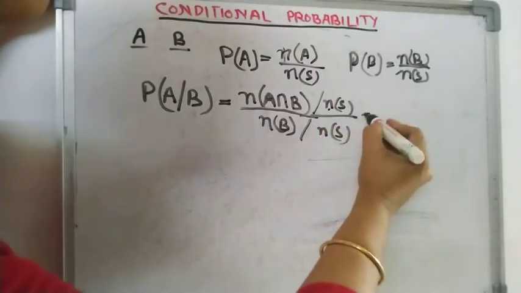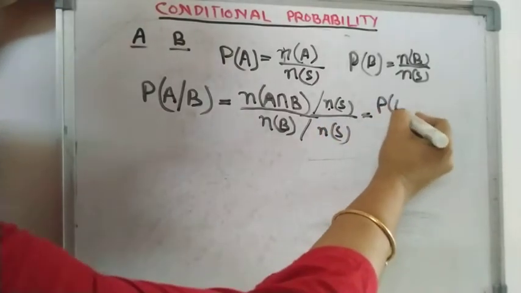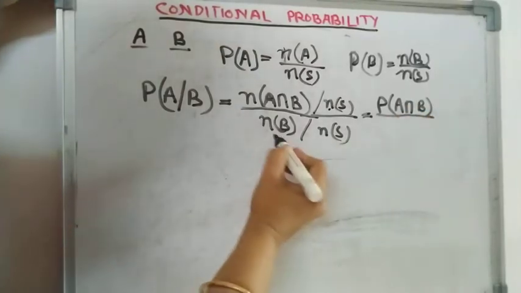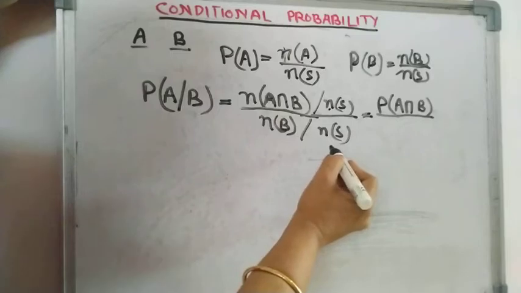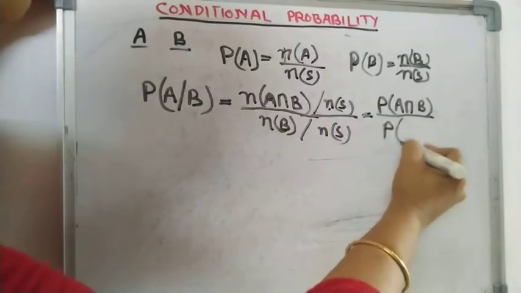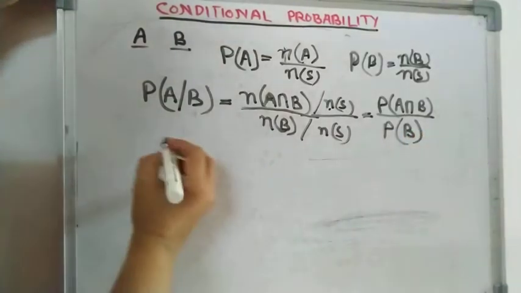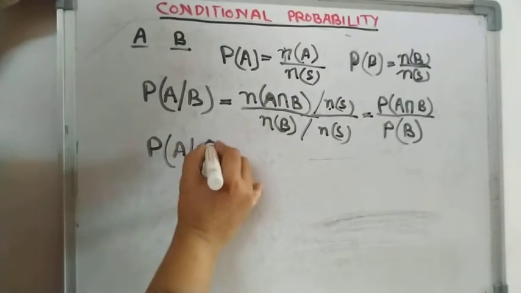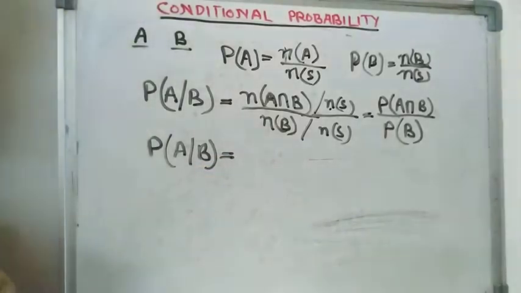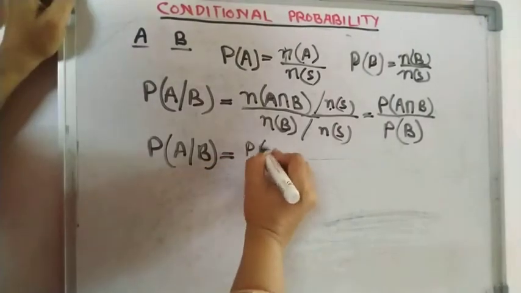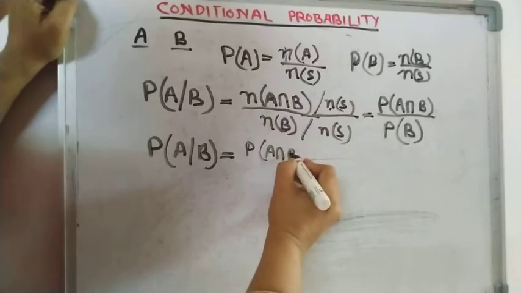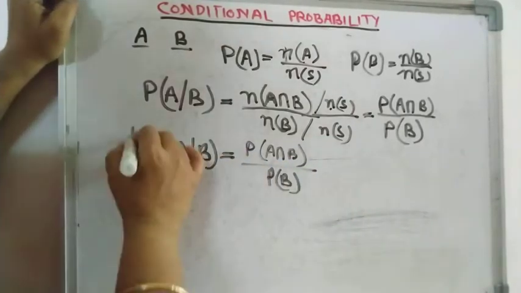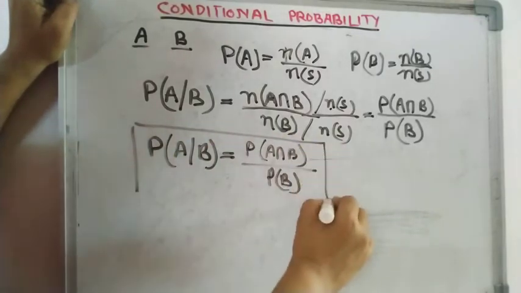So it can be written in probability form: probability of A intersection B. Now the lower one, NB divided by NS, can be written as the probability of B. So the formula of conditional probability is: probability of A given B is probability of A intersection B divided by probability of B.